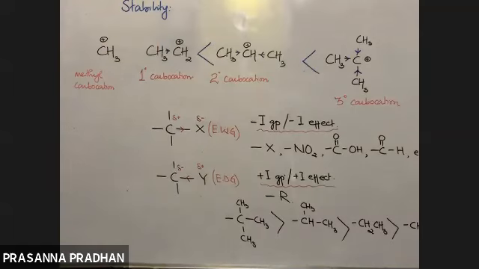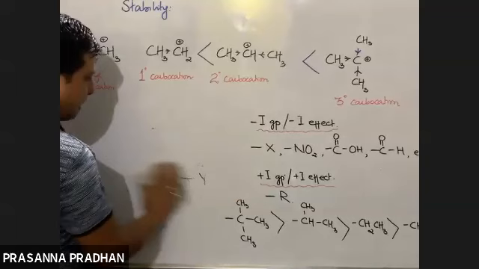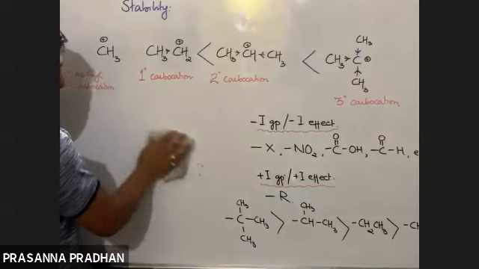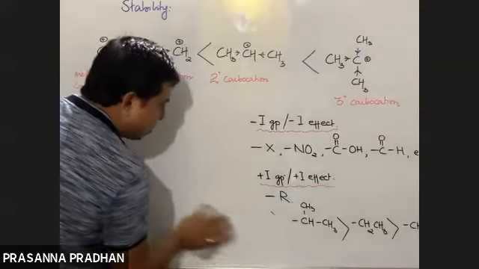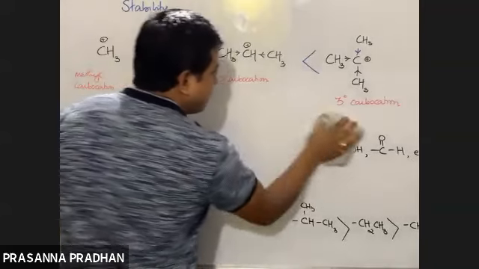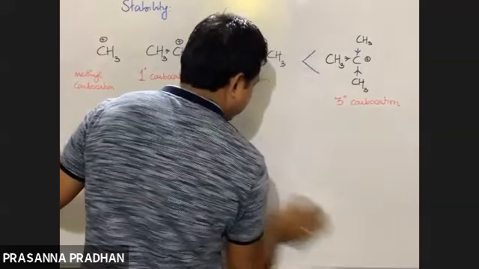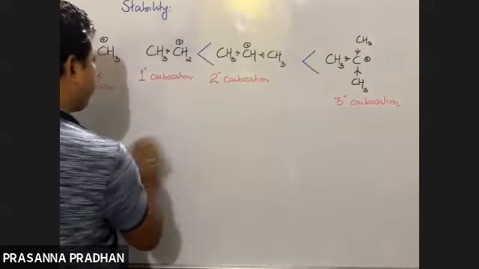So what is the order of stability of carbocation? 3 degree greater than 2 degree greater than 1 degree. Now we know the order of stability of carbocation. And what did we say? Those alkyl halides which give a stable carbocation will react readily by SN1 mechanism.